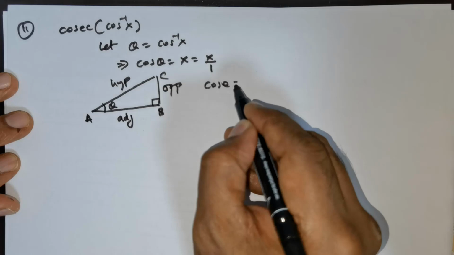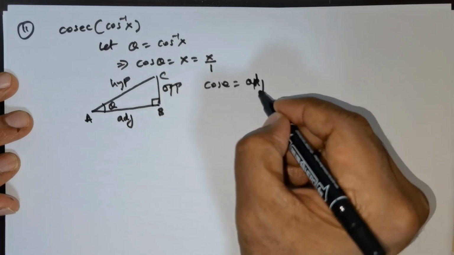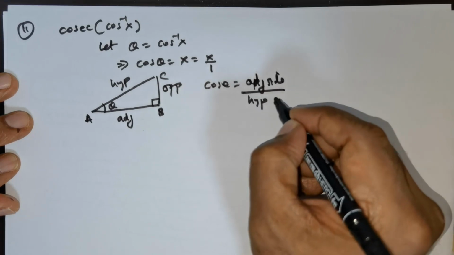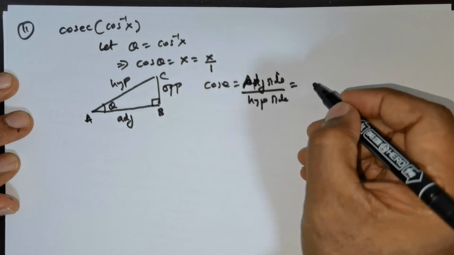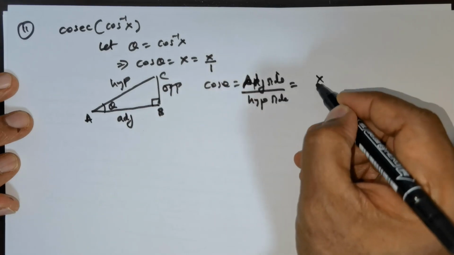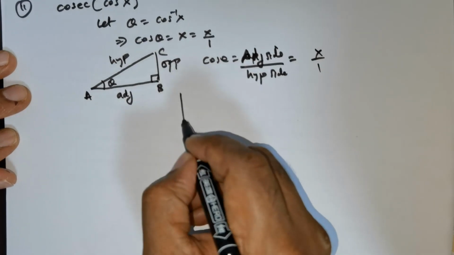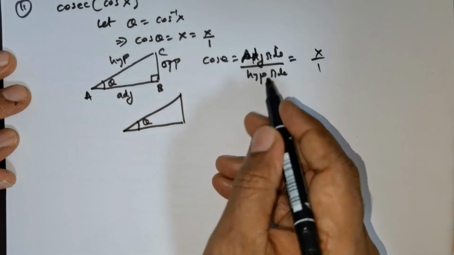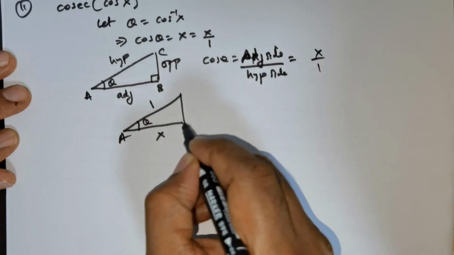Now cos theta is adjacent side divided by hypotenuse side. Now the adjacent side value is x, hypotenuse side is 1. So if you were to draw and place in the values, this is going to be x, this is going to be 1, this is a, this is b, this is c.